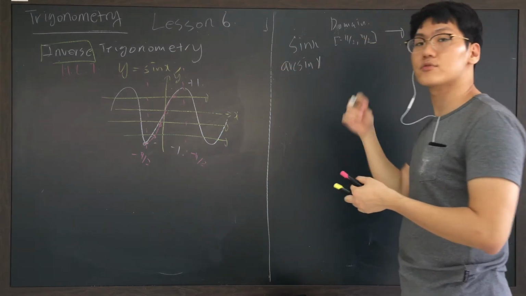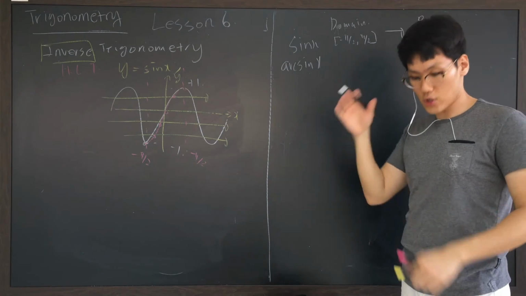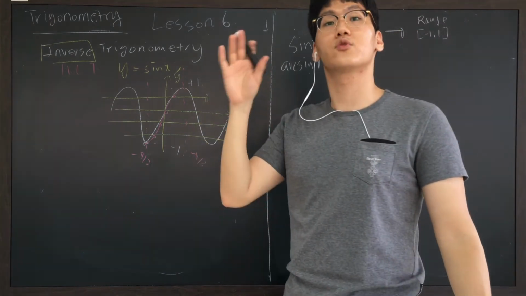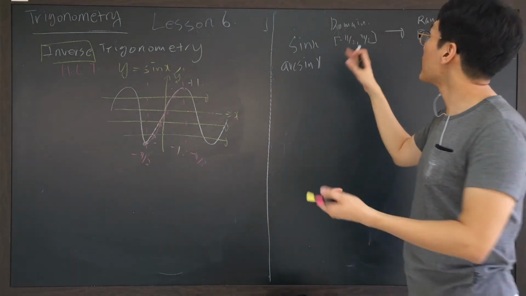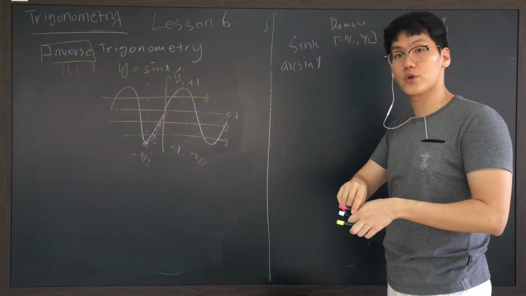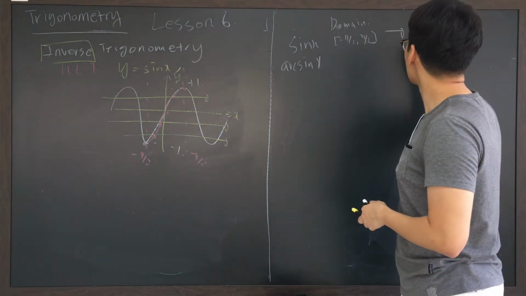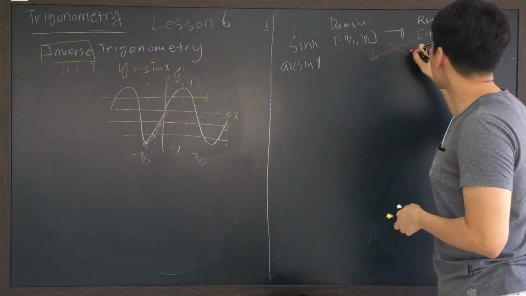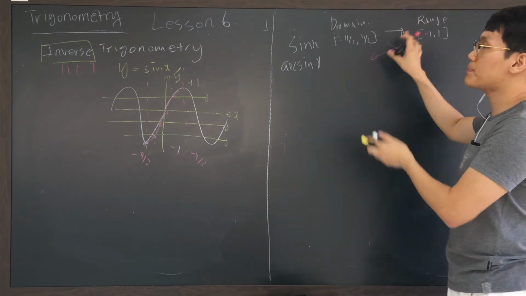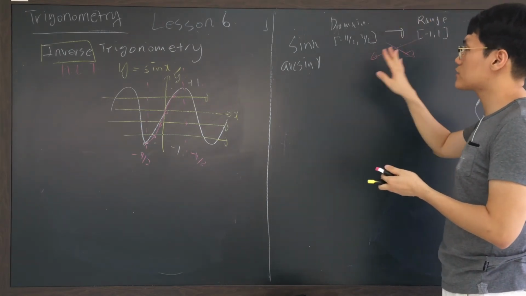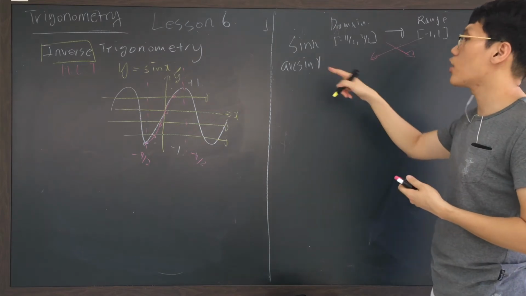Every time you talk about a new function, it's always crucial for us to know what the domain and the range are. By the definition of an inverse function, we're just going to switch the range into the domain and the domain into the range. As long as we build up the function very well, it's easy to set up the domain and range of the inverse function.